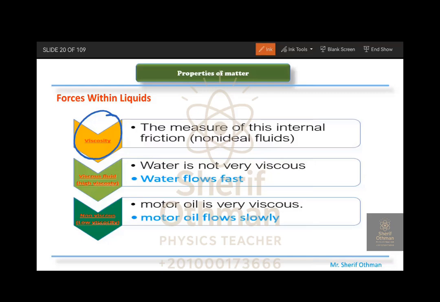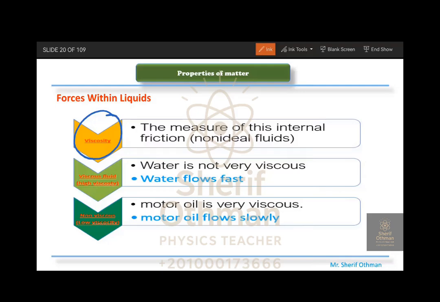As the intermolecular force increases, this ability decreases. So the particles become unable to flow over each other. Higher viscosity means lower flow rate.